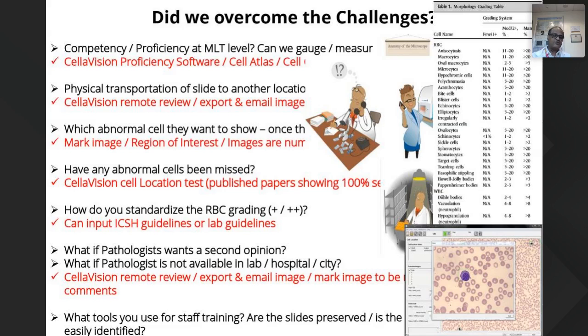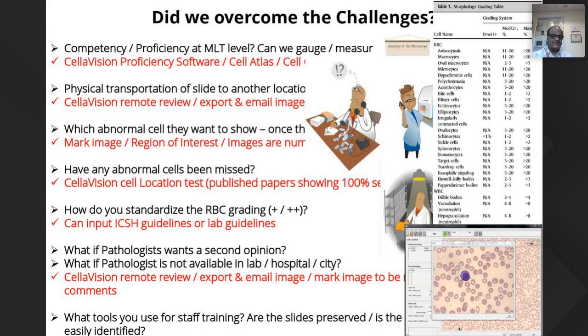Once you assure yourself that these machines are good enough to equal the human, then you can go ahead. Of course, there are certain advantages of digital morphometry itself. But what I want to say is that if you want to verify the abnormal cells, this is how you have to go ahead and do the verification.